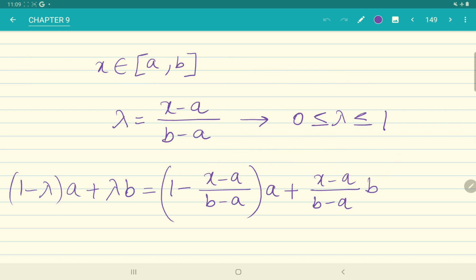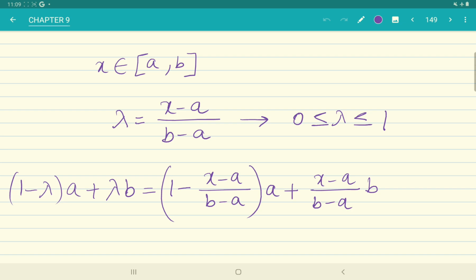Also we know that if x belongs to a to b and we put lambda equal to this, that just means lambda is lying between 0 and 1 both inclusive. So 1 minus lambda multiplied by a plus lambda b is nothing but x. Here we have taken lambda to be the ratio between the distance from x to a and the total distance from a to b. So it actually is either 0 or 1 or somewhere in between.